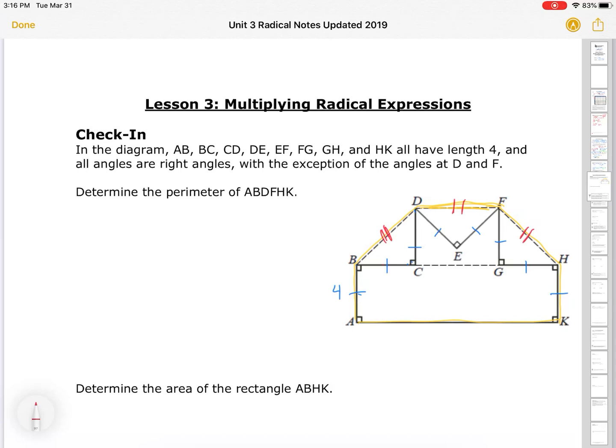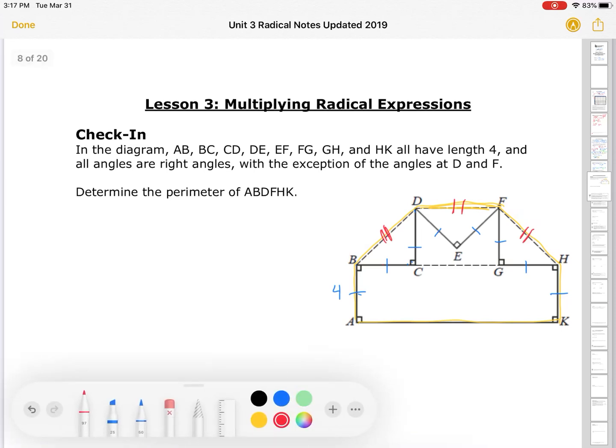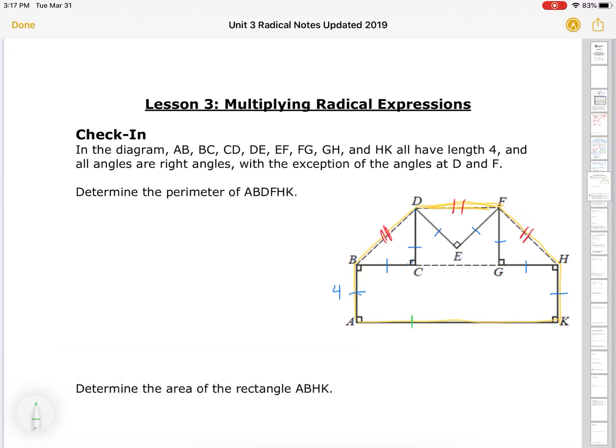And we need those measurements because they're part of our perimeter that we're looking for. So we revisit our knowledge of right angle triangles and finding those out. We also have another side that we haven't analyzed here.